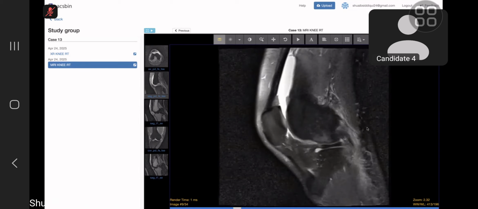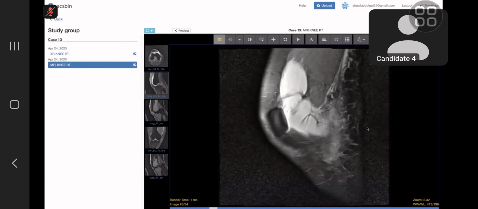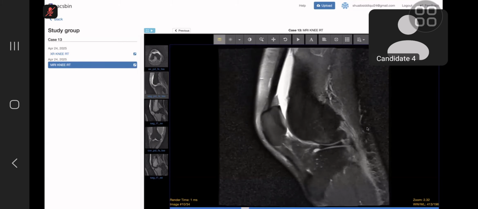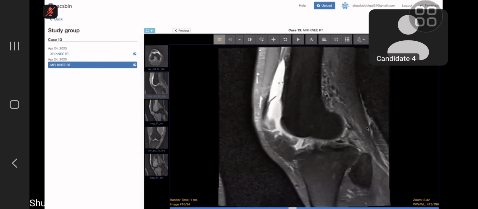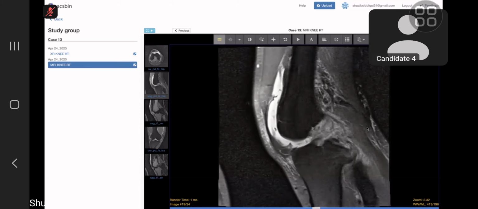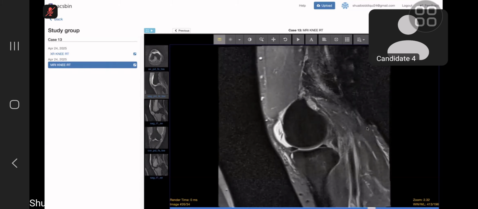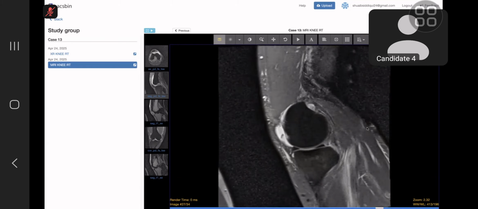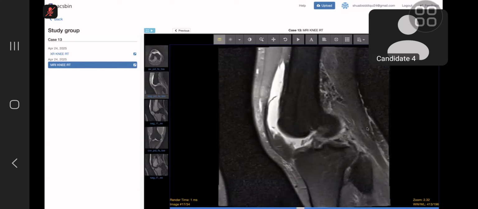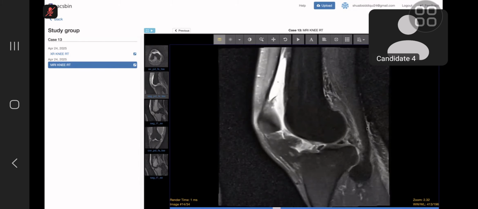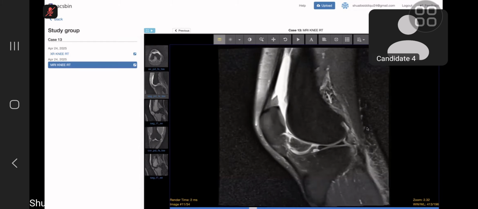I'm not seeing a normal anterior cruciate ligament in the expected location, and with the significant edematous changes in the upper aspect of the anterior cruciate ligament, suggesting a high-grade tear of the anterior cruciate ligament, which is well associated with the Segond fracture.